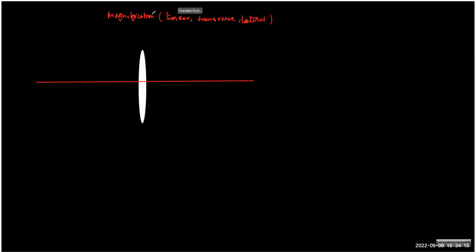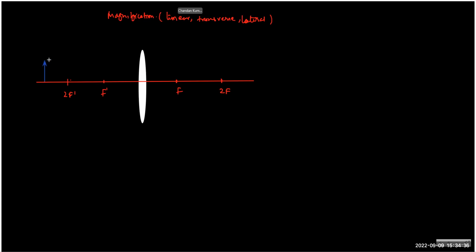So what you can do is take any position, and the object is somewhere here.